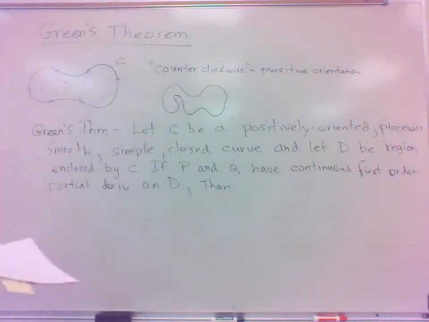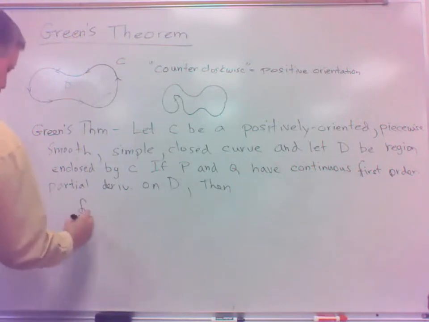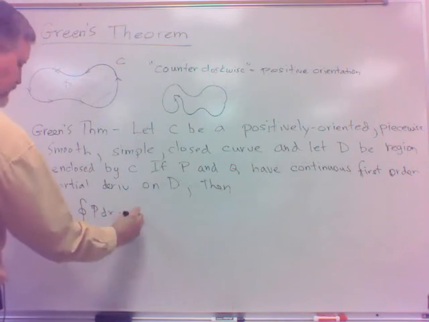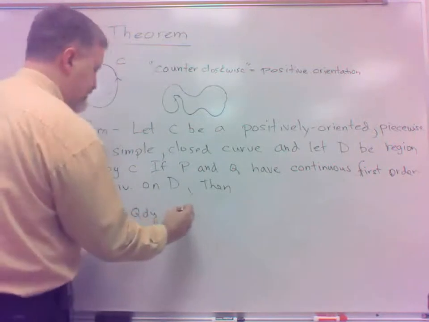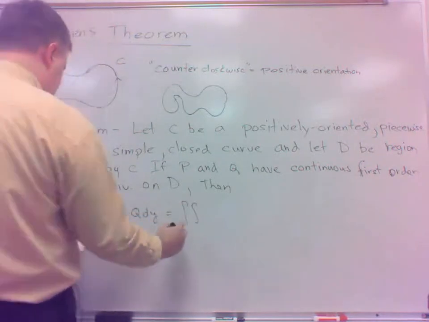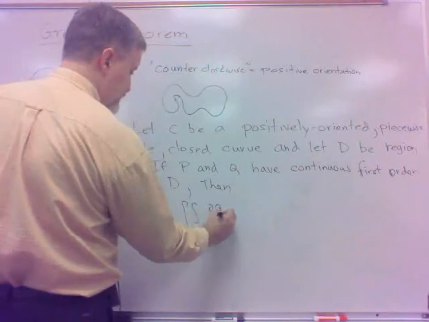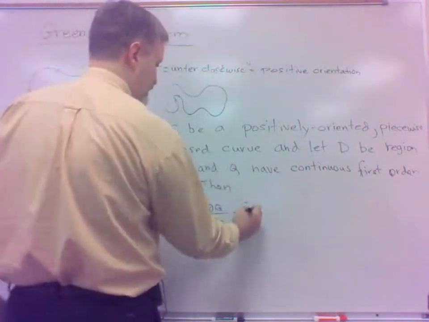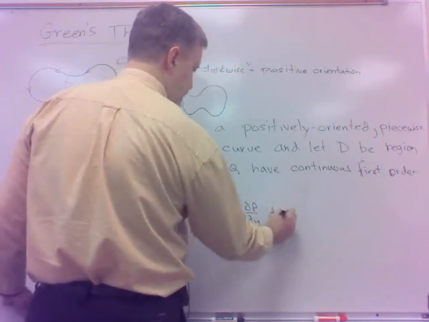The line integral over C, P dx plus Q dy, our usual line integral setup, equals the double integral over D of the partial of Q with respect to x minus the partial of P with respect to y dA.